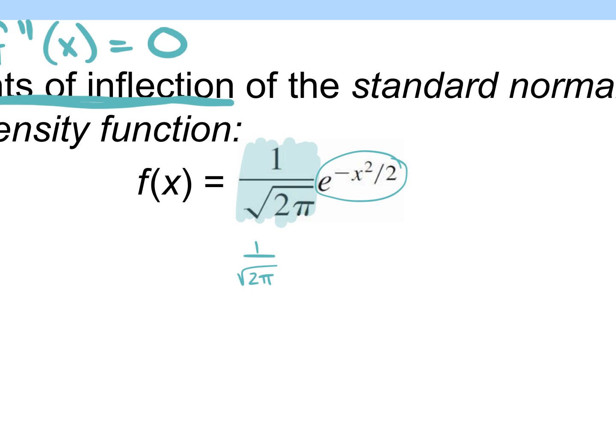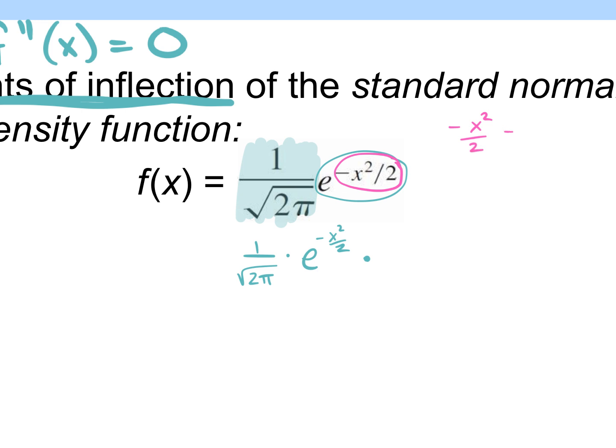And then let's take the derivative of e to the power of -x squared over 2. Our derivative of e to the power of -x squared over 2, we're going to keep it the same, e to the power of -x squared over 2, and then multiply it by the derivative of the exponent. So our derivative of our exponent is -x squared over 2.